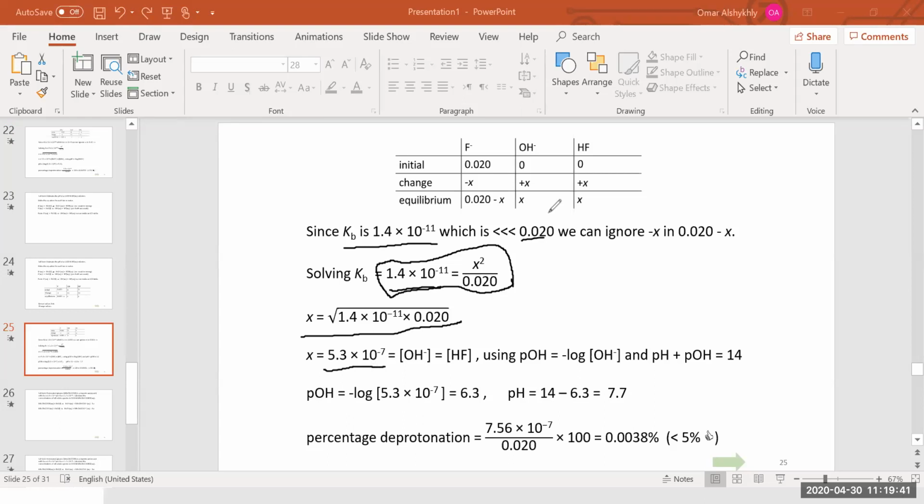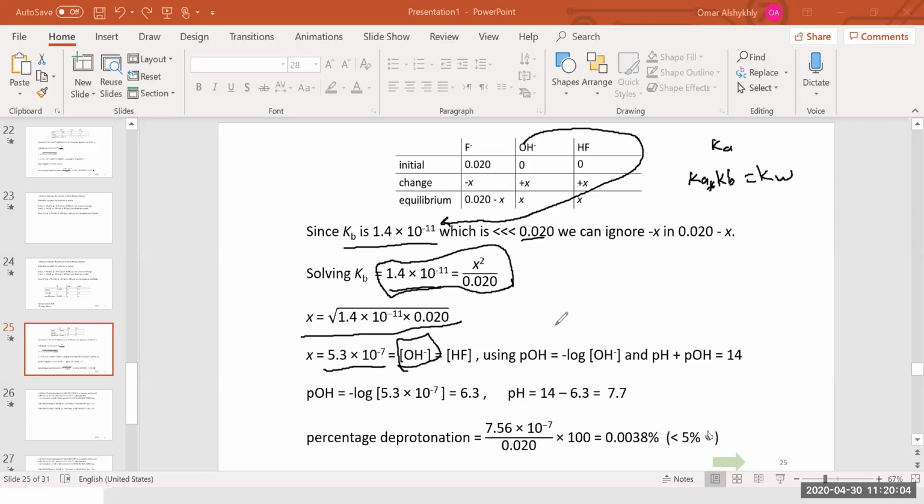So be careful, guys. Look at here. Here I have to use K sub B. In case they give me Ka, we're going to use Ka times K sub B equal Kw. So don't forget, we can calculate it. Okay, so this x will represent the OH.